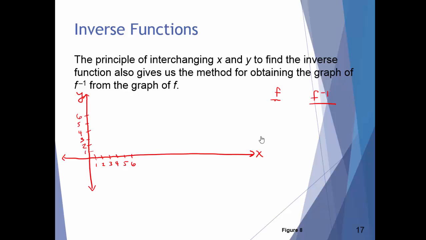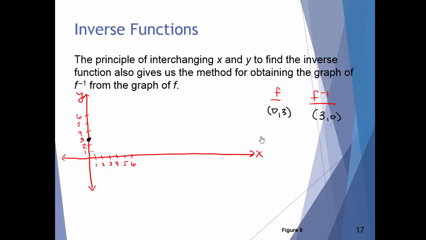So let's say, for argument's sake, the point (0, 3) were on the original function, or the graph of the original function. Well, when we switch the x and the y, what ordered pair do we then know is going to show up on the inverse function? Well, we know it's going to be (3, 0), because we switched the x and the y. So when we graph them, here is (0, 3).